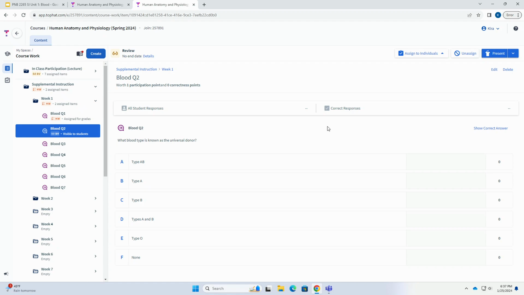What type of blood is known as the universal donor? Can you guys see this? Yeah. Okay. So universal donor meaning that this person could give blood to any other blood type.